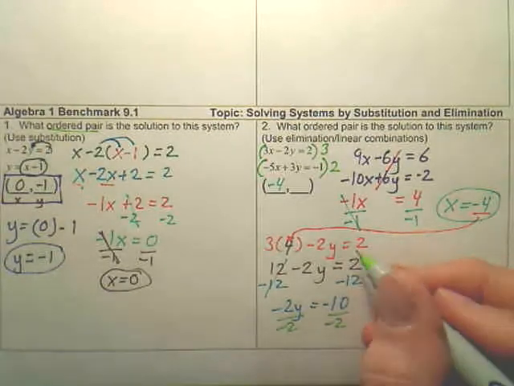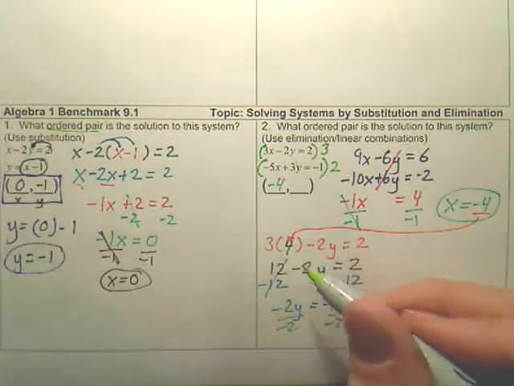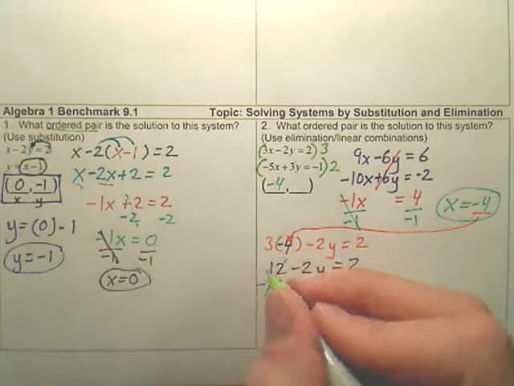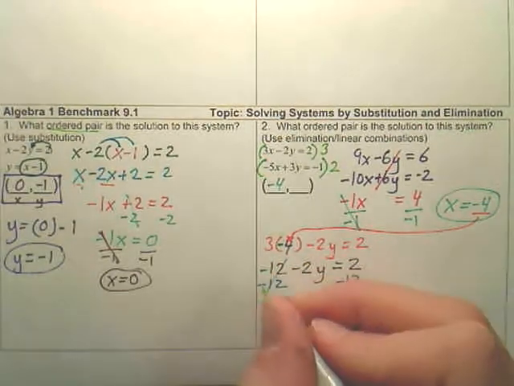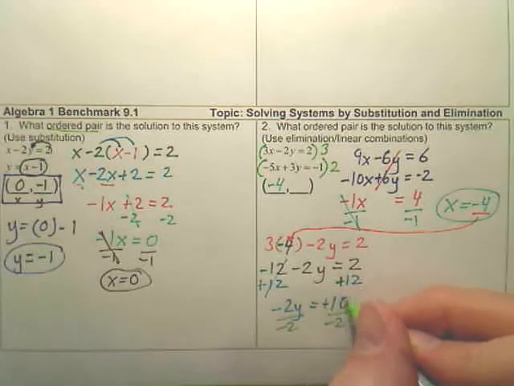Now, this one right here, what should this be? It's supposed to be 14. Oh, it should be a negative 4? That's a negative 4. Should it be negative 12? So this should be a positive 12. Thank you. So this should be a positive 14.